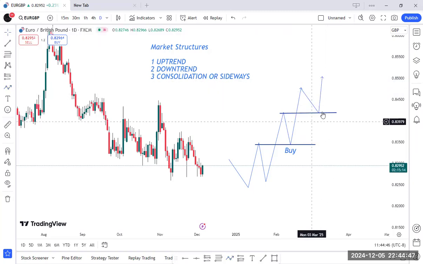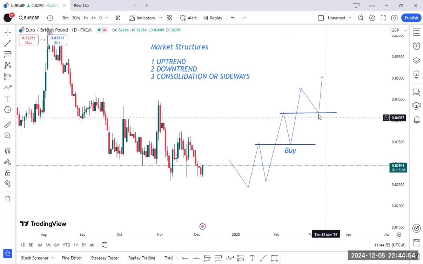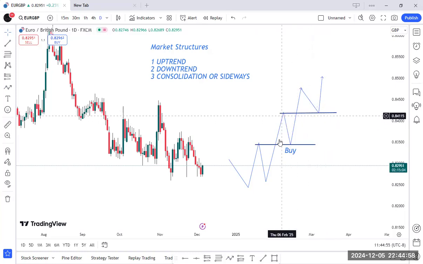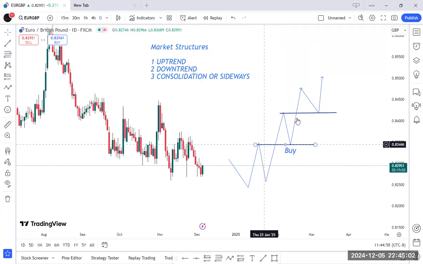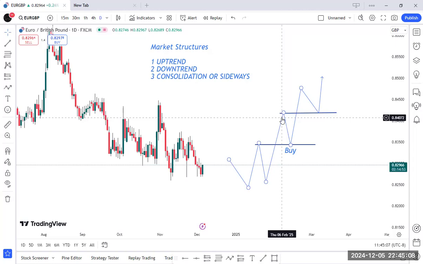So always buy once price is retracing back to the next zone. This is acting as a resistance zone here, and this is acting as a support zone. Once the resistance zone is broken out, it will eventually turn into a support zone. Once price comes back to that exact zone that it has broken out from, what will happen?